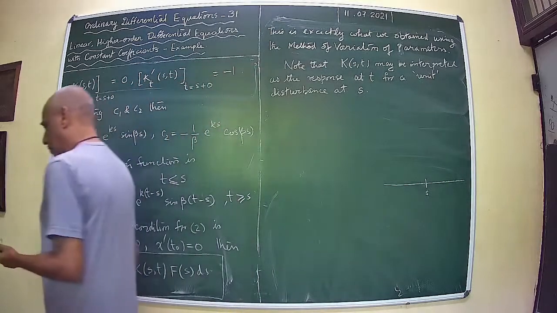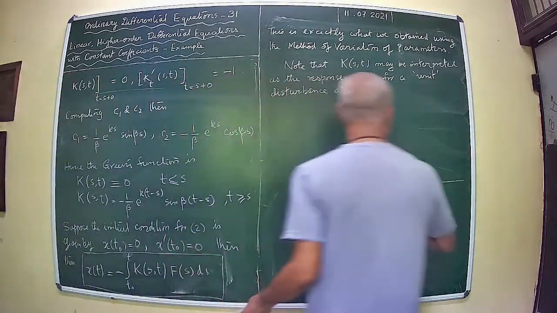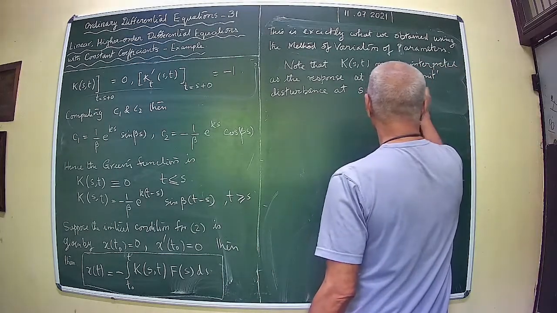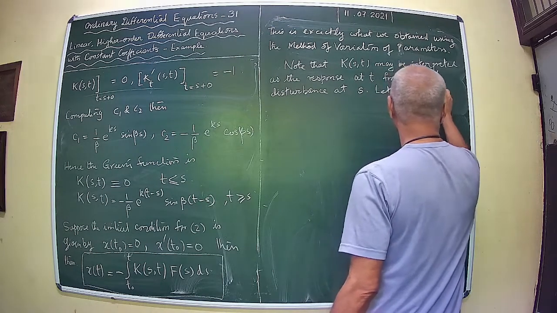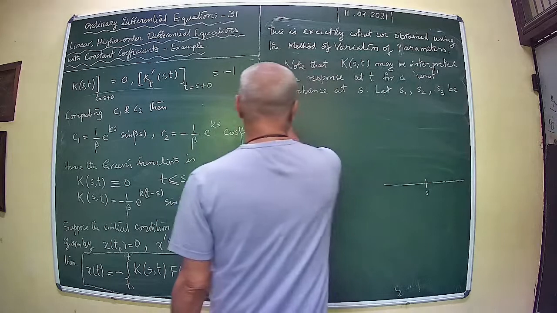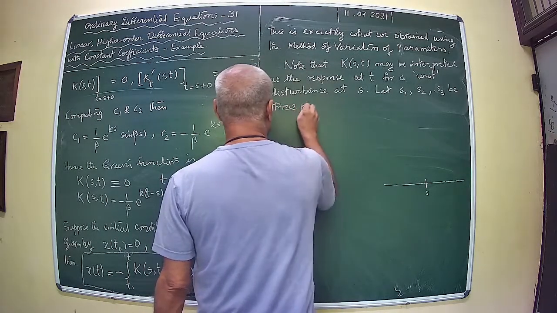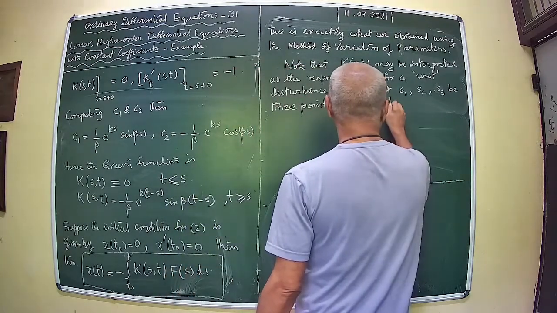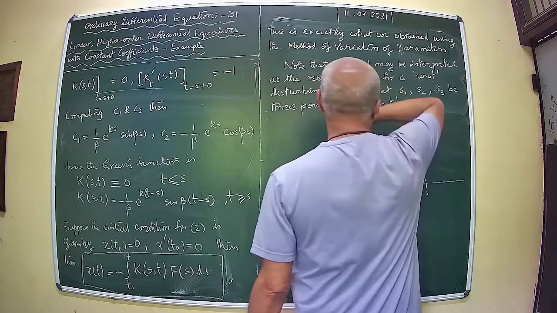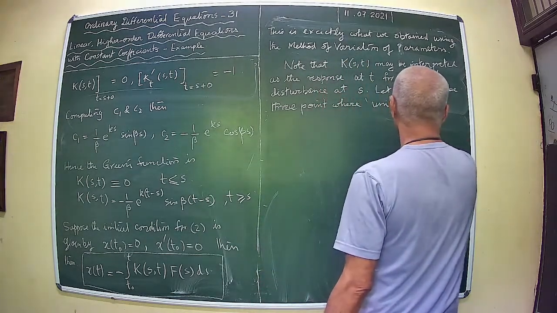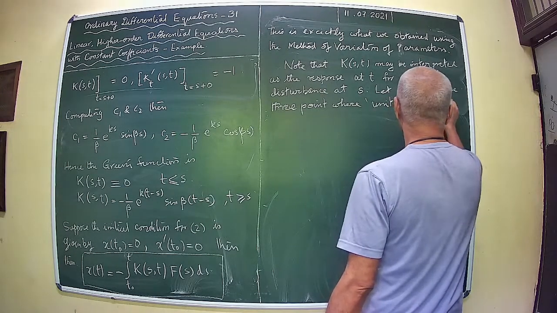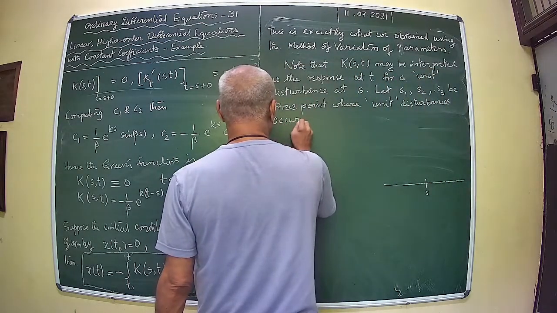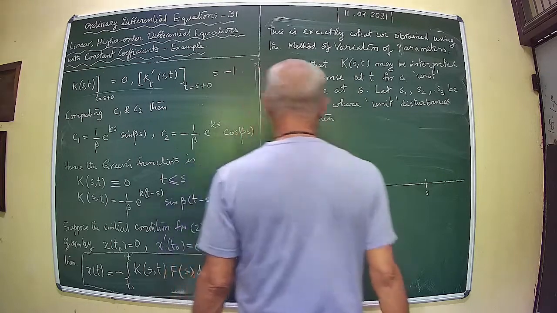Therefore, now we assume, let s1, s2, s3 be 3 points where unit disturbances are applied. Then what is the solution?